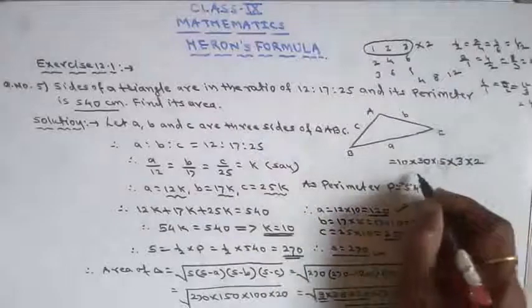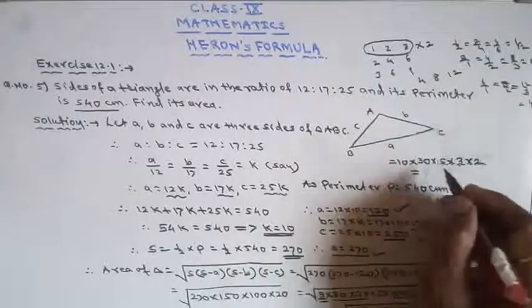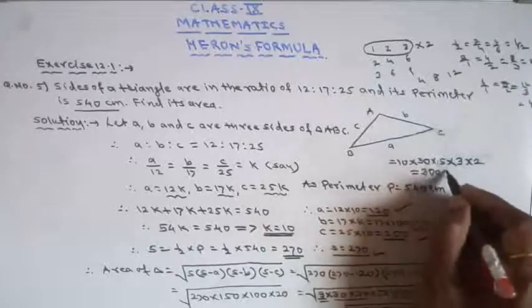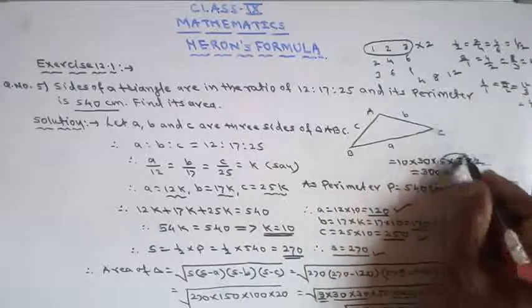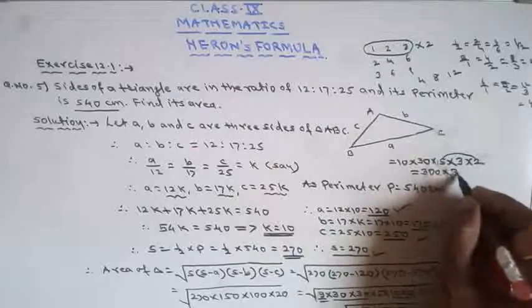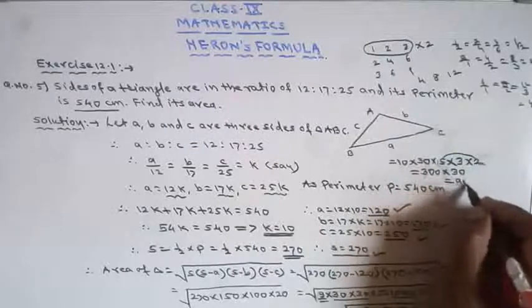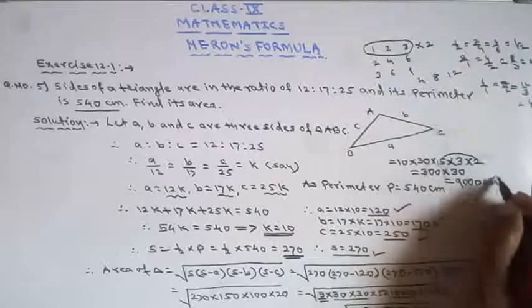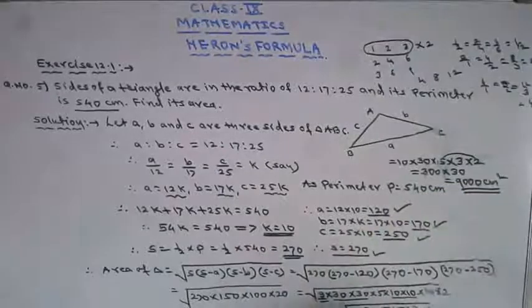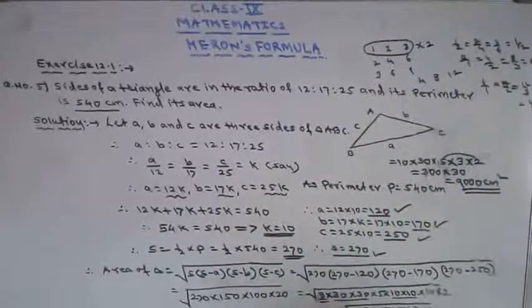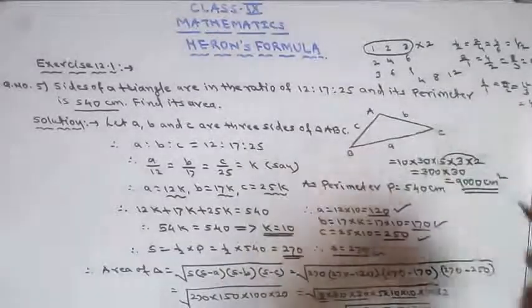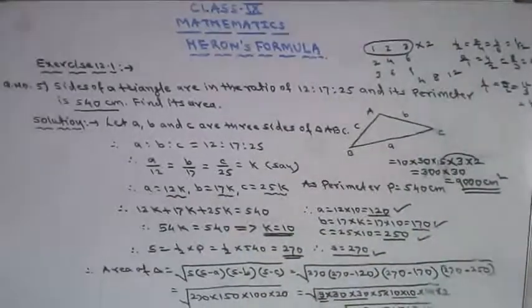So that is equals to, this is 30 into 10, 300 into 10, this 10 into 3, 30, that is 9,000 centimeter square. Therefore the area of this triangle is 9,000 centimeter square.